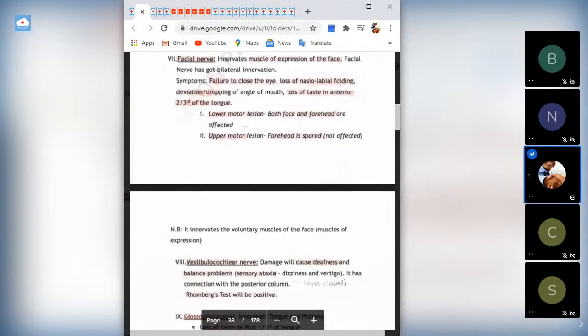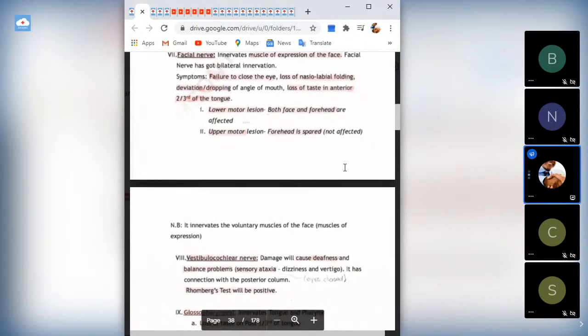The stapedius is one of the muscles within the middle ear that helps to stabilize the stapes, one of the three small tiny bones in the middle ear. That muscle is supplied by the nerve to stapedius, which is a branch of the facial nerve. Okay, so you want to consider that as well.